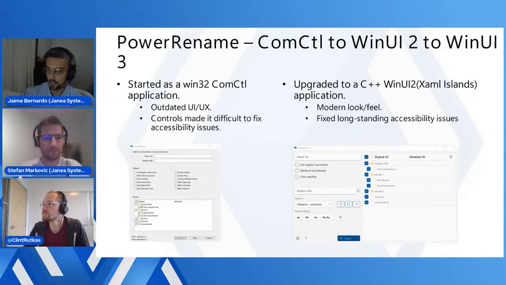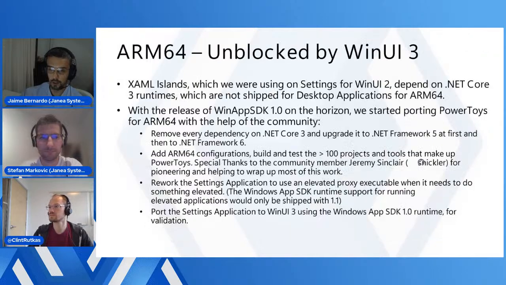So we ended up being able to fix those and get a more modern look and feel by upgrading it to C++ on XAML islands as well. In this case, it was WinUI 2, and now it's already been ported to WinUI 3 on the Windows App SDK runtime. So on the next slide, we'll talk a bit about the journey to ARM64.